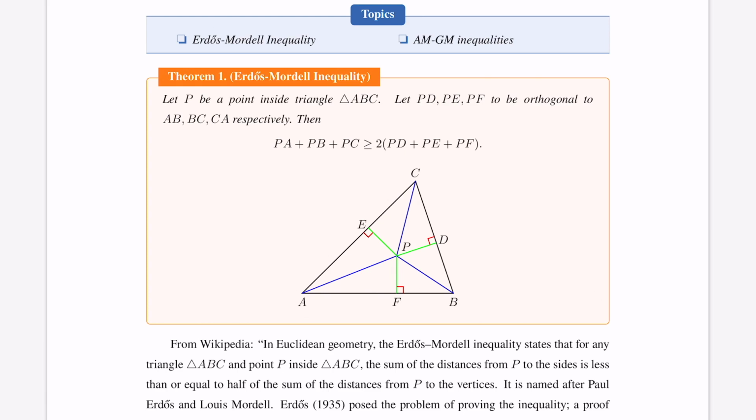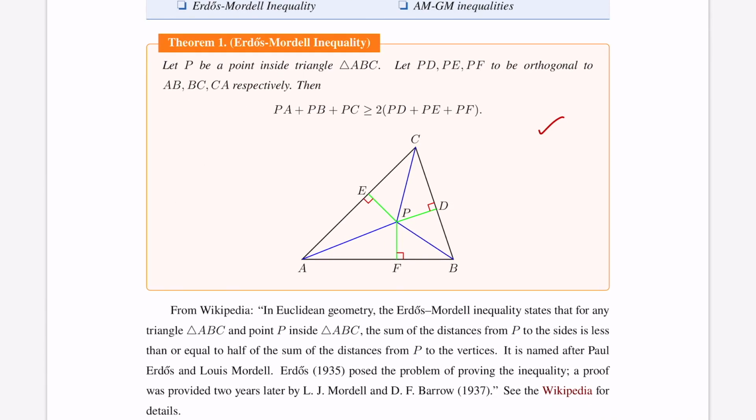Let ABC be any triangle, and let P be any point inside the triangle. Then the summation of the distances from P to the three vertices, PA plus PB plus PC, is at least twice the summation of the distances from P to the three sides, PD, PE, and PF. So this is the inequality.